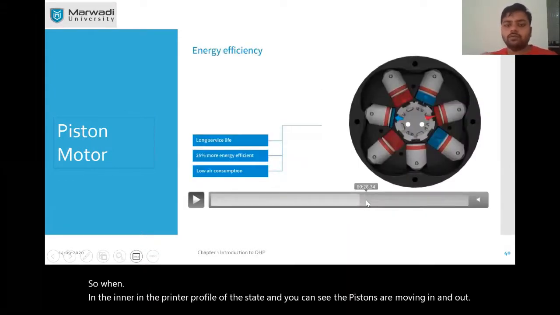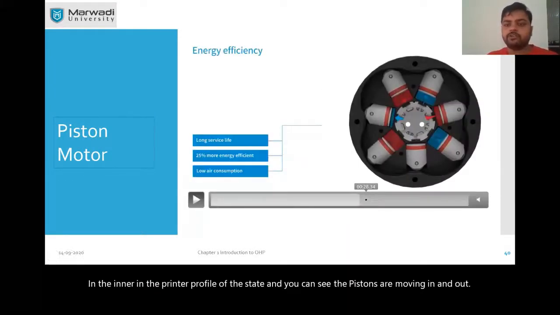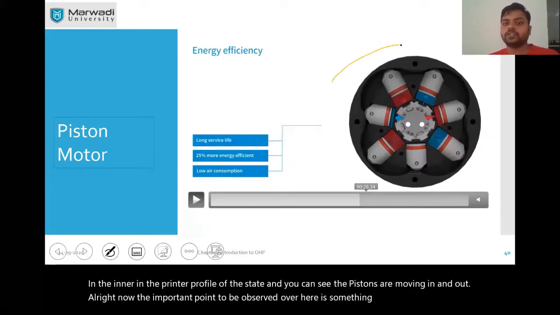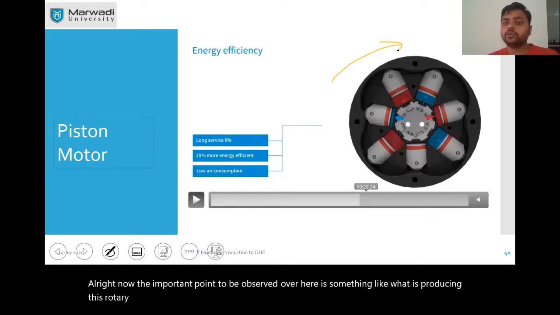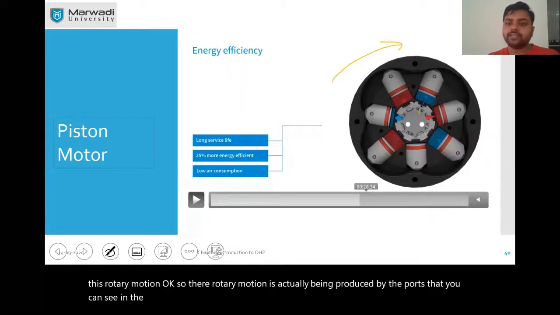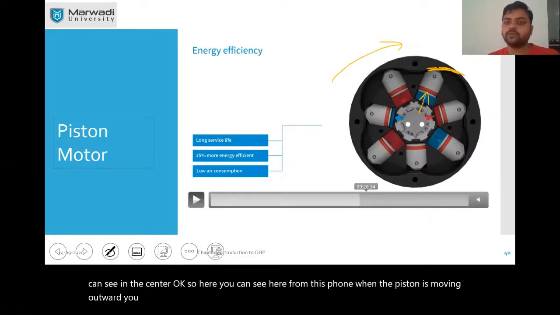Now the important point to observe here is what is producing this rotary motion. The rotary motion is actually being produced by the ports that you can see in the center. Here, from this port, when the piston is moving outward along the profile, you can see the piston moving outward.